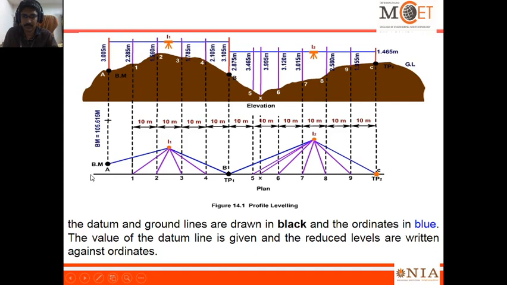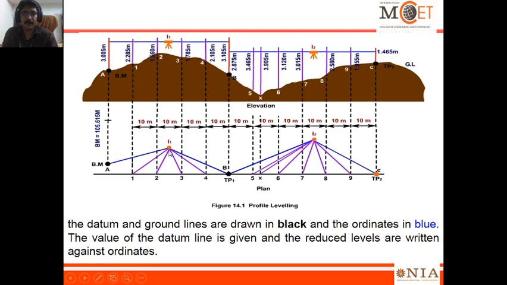From the top view it looks like a straight line, from A to C, but from the side only the profile will be visible. So the instrument is also kept aside of that terrain.